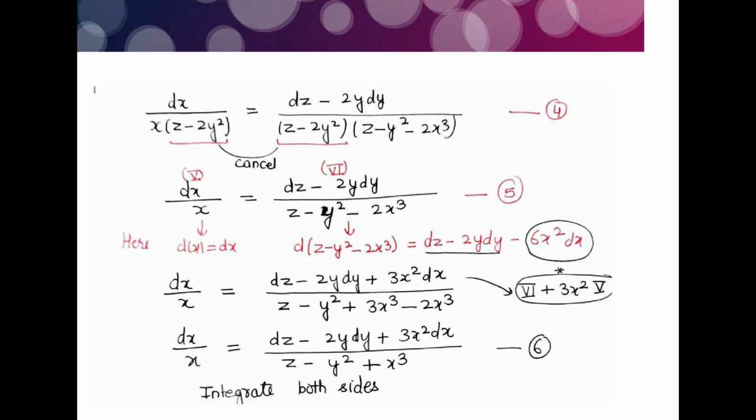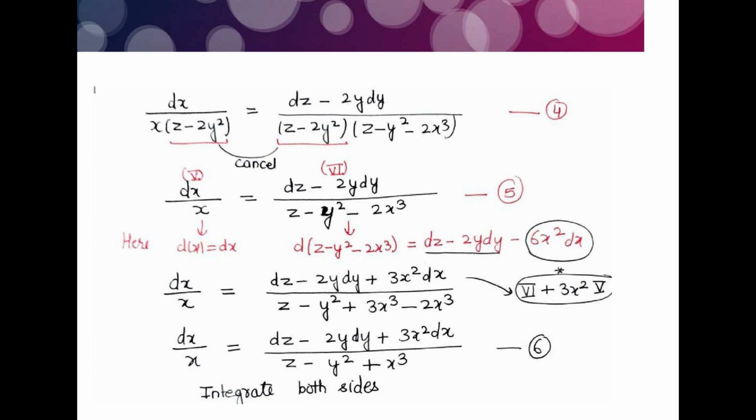Now luckily on the left hand side, that is the 5th ratio, we have just terms of x. So what we are doing is multiplying the 5th ratio by 3x square, and see what we have. I have written the combination: 6th ratio plus 3x square into 5th ratio.